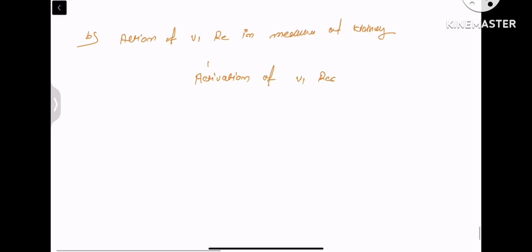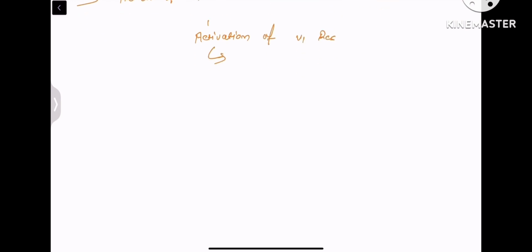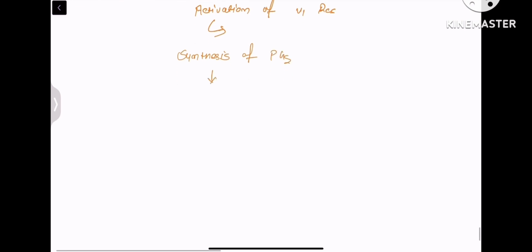Activation of V1 receptors increases the synthesis of prostaglandins.